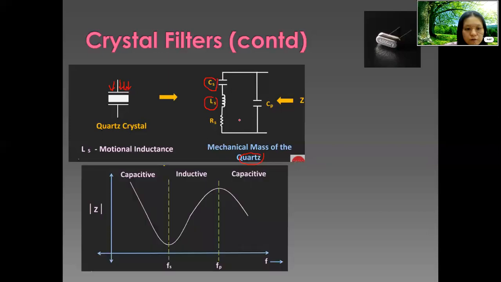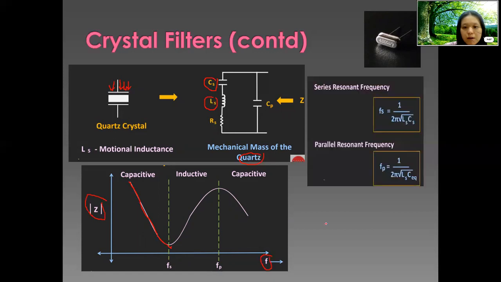This series resonant frequency reaches Fs in this plot of impedance Z versus frequency, and it can be calculated as Fs equals 1 over 2 pi square root of Ls, our inductance, and Cs, our capacitance in series, and also our Rs.